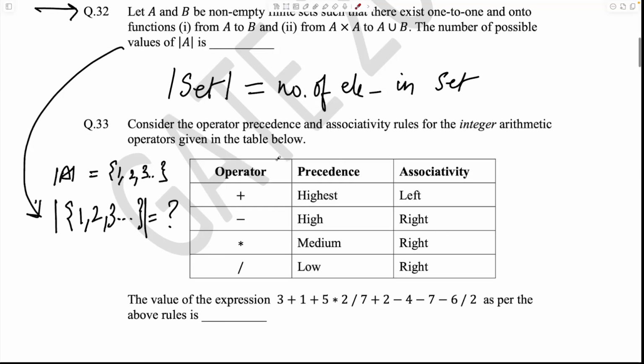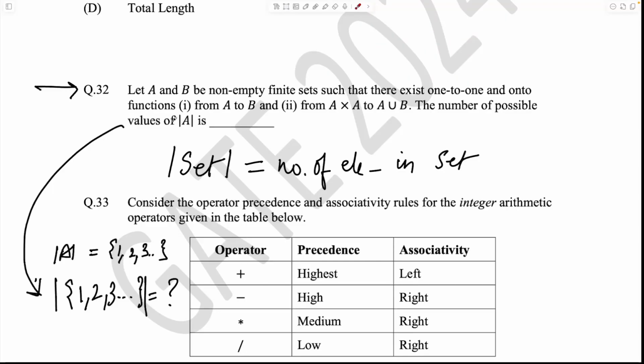Now let's understand the meaning of this function and this special restriction that is being imposed, that the function should be one-to-one and onto, and that such functions must exist.